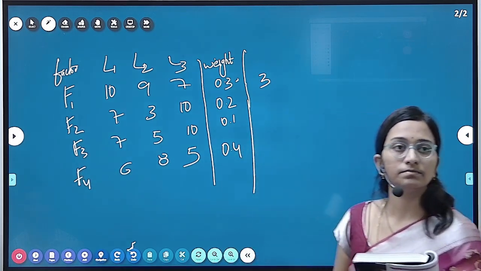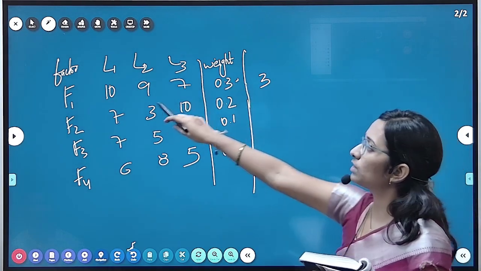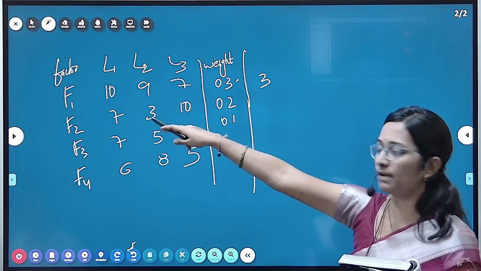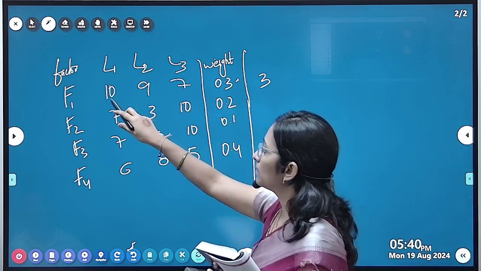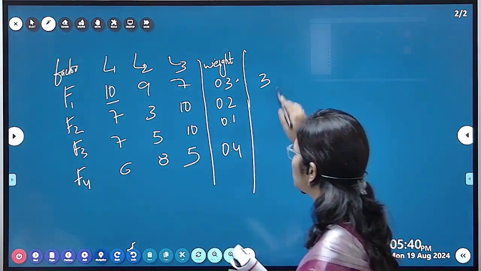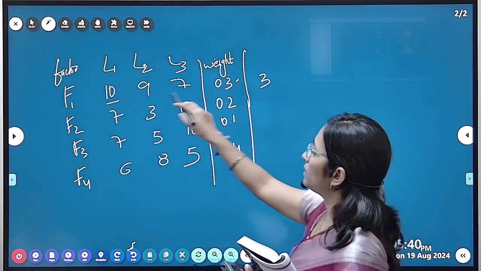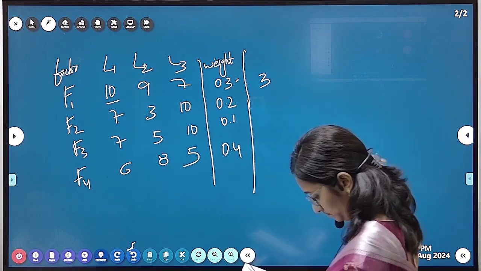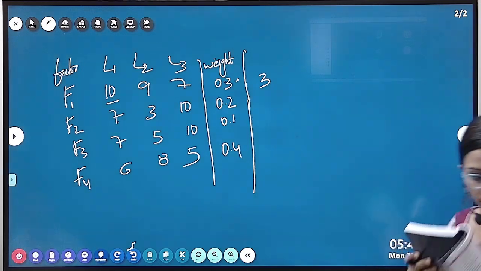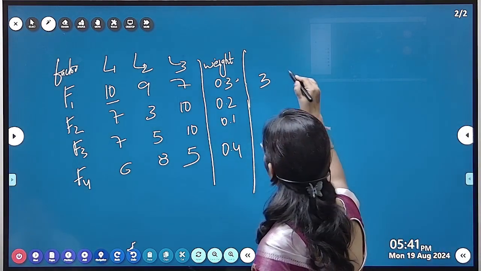Now we need to multiply this weight into the alternatives available for the factor F1. So 0.3 into 10. How much? 3. Next, 0.3 into 9. Tell me. 0.3 into 9.